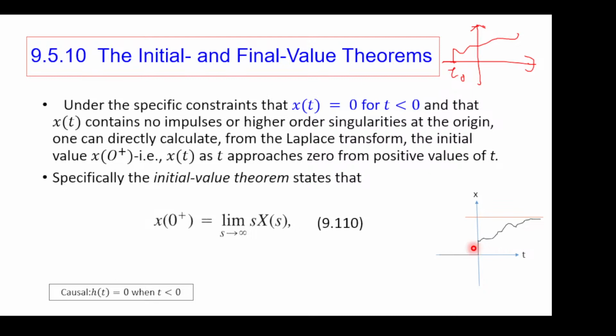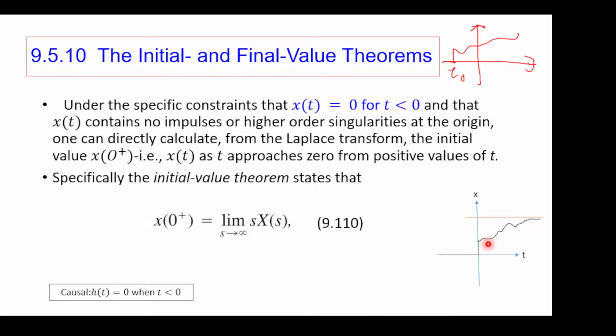The idea is that the signal is very special, so it has a cutoff at t equal to 0, like this. For t less than 0 it is all 0, and it starts at some value, so it's not continuous; it might have a jump at t equals 0.